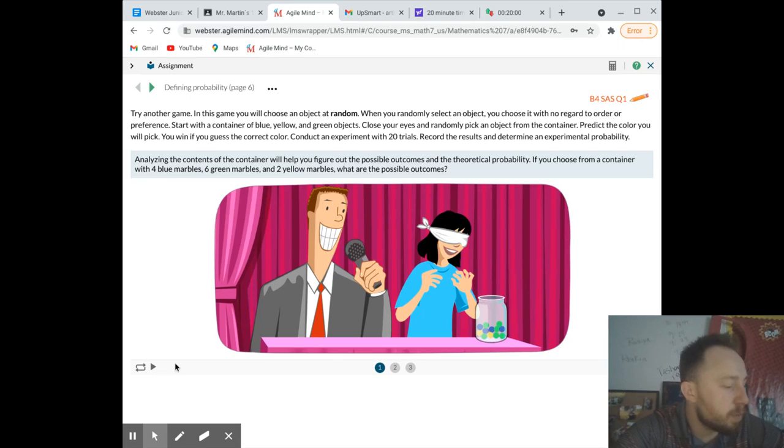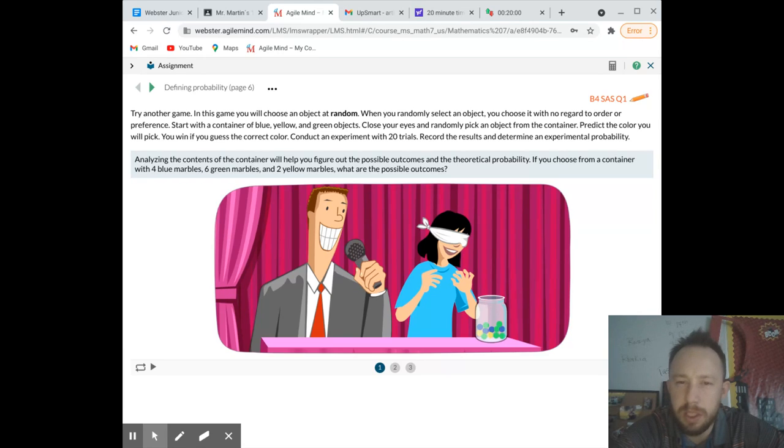All right. So, what I want us to do is look at this. It says, in this game, you will use an object at random. When you randomly select an object, you will choose it with no regard to order or preference. We're going to start with a container of blue, yellow, and green objects. We're going to close our eyes and randomly pick an object from the container.